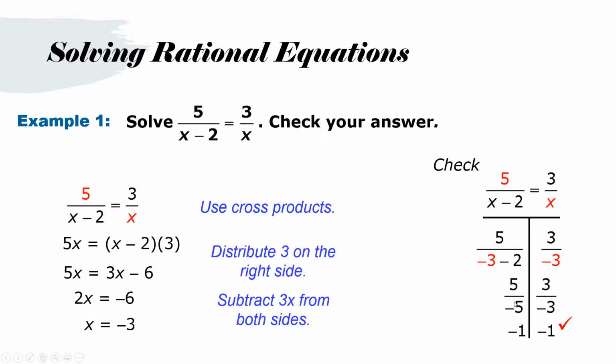That's equal to 5 over negative 5, and 5 divided by negative 5, the answer is negative 1. What about here? 3 over negative 3. So 3 divided by negative 3, the answer is negative 1. Since the left side and the right side are equal, then we could say that the value of x is negative 3.